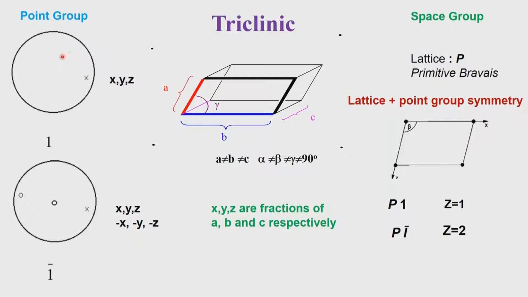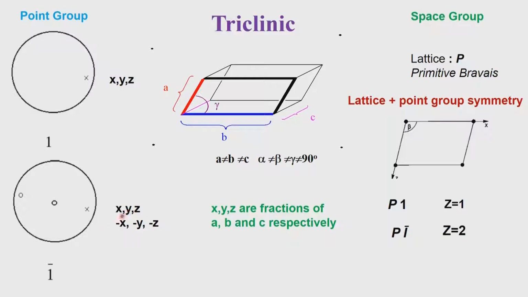So, the presence of the so called x, y, z in this particular case refers to what is known as an asymmetric unit. In an asymmetric unit there is no invocation of symmetry, whereas once we invoke the symmetry, it becomes an equivalent point. x, y, z becomes minus x, minus y, minus z.